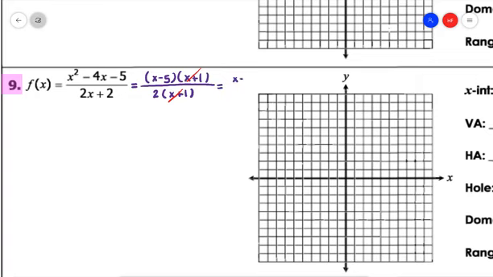So that leaves me with x minus 5 all over 2, which looks like a function that I wouldn't know how to graph, but that's 1/2 times x minus 5 over 2 when you split up that fraction, which looks like a line. So we're going to have another function that once it's graphed, it's going to look just like a straight line with a hole in it. So we'll find our x-intercept by taking our numerator and setting it equal to 0.